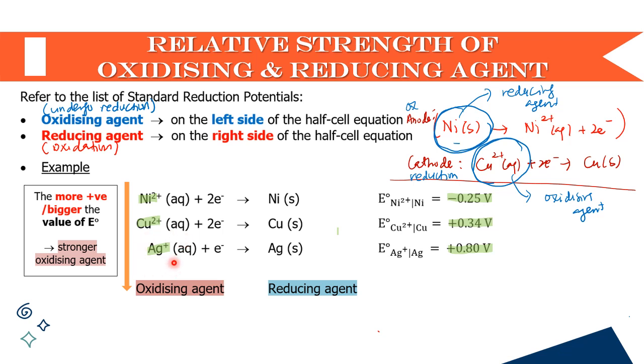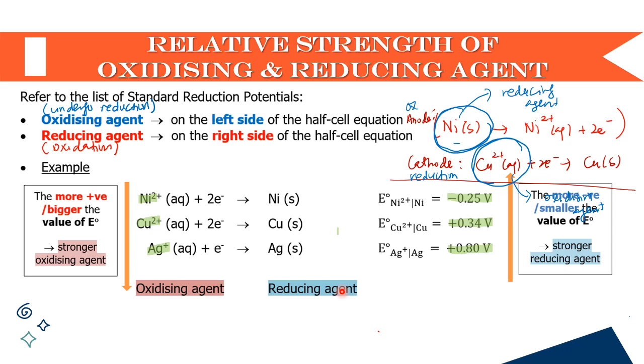It will be silver. So in other words, since it is easier for Ag plus to undergo reduction, it will become a stronger oxidizing agent. Again, please correct your arrow inside your notes. The one that I show you over here is the correct one. And then how about the reducing agent?